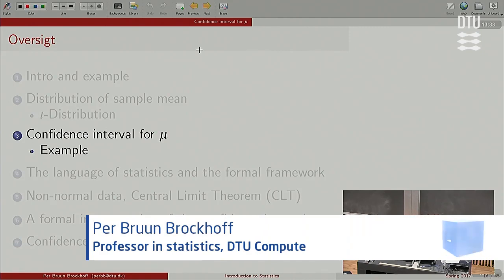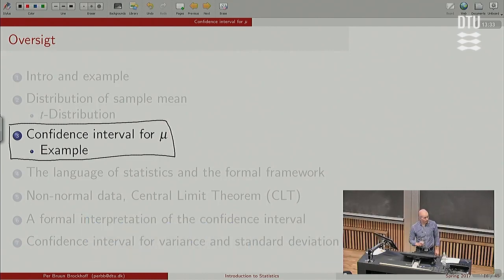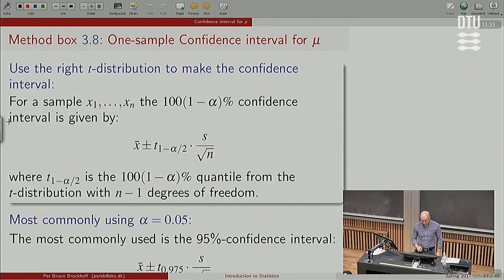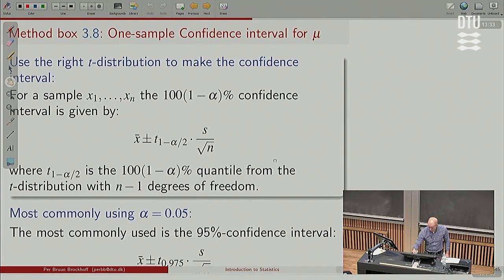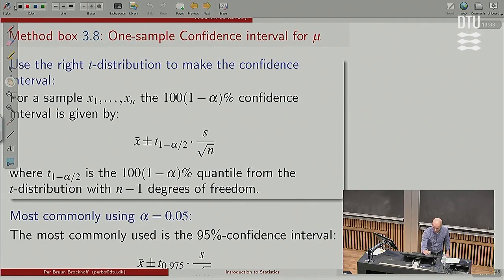So to the actual tool, which is called the confidence interval for mu and how to compute it. Here it is. Okay, let's begin.